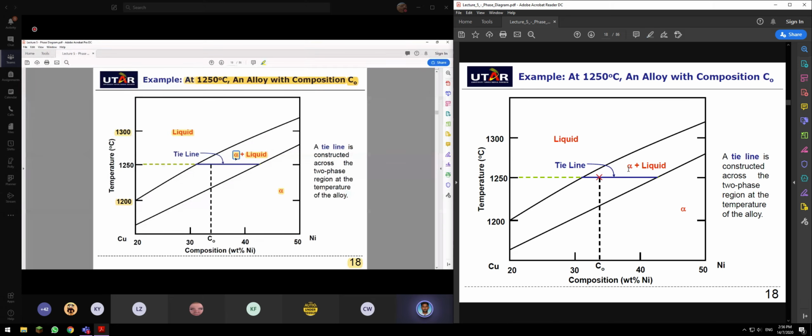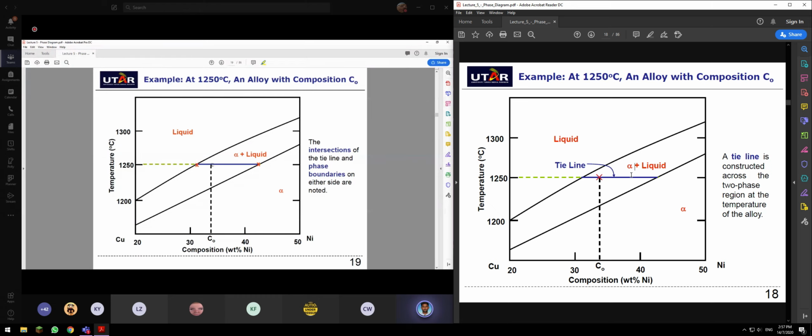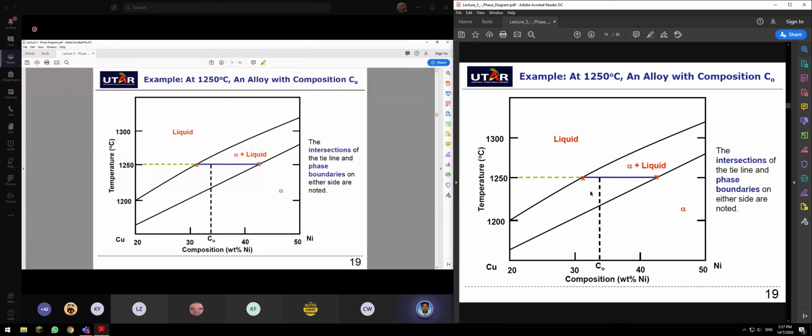To do that, you need to use a tie line. For a tie line, you need to draw a horizontal line that touches the liquidus line and also the solidus line. Okay, guys, if you have a piece of paper with you, just try to draw, then you can understand better.